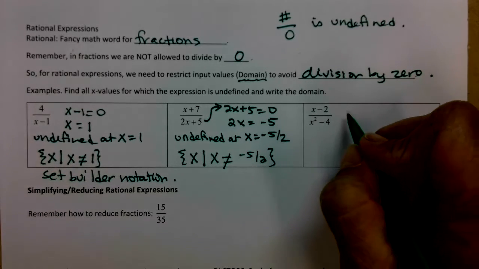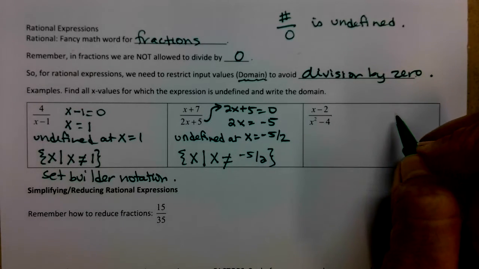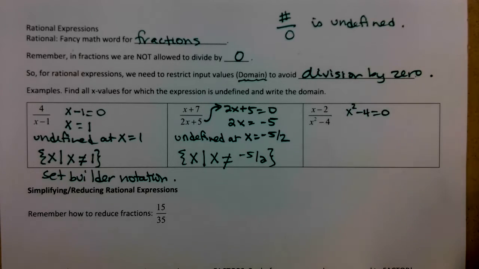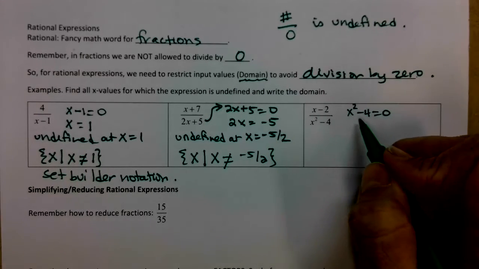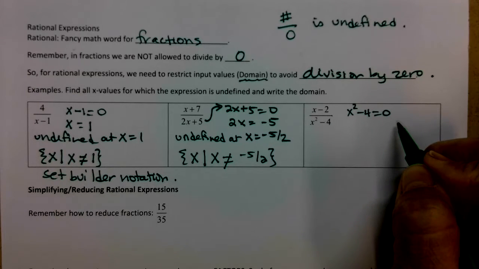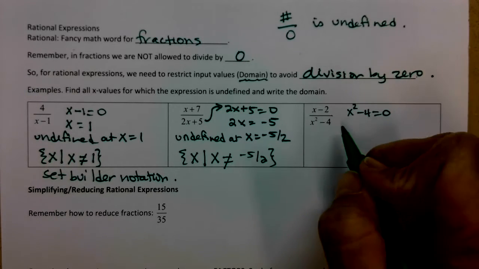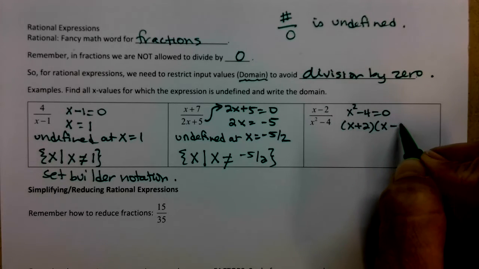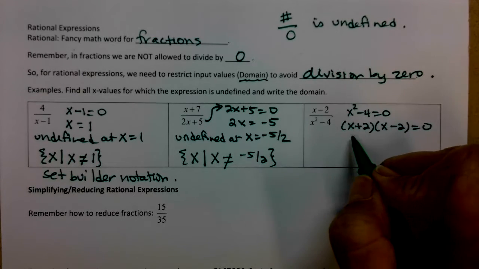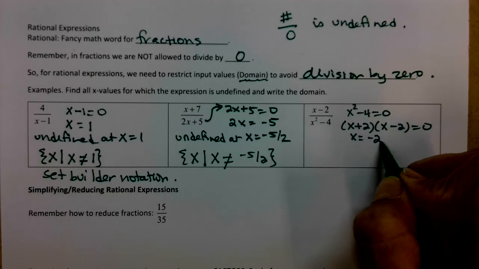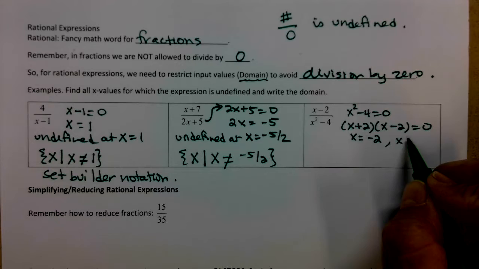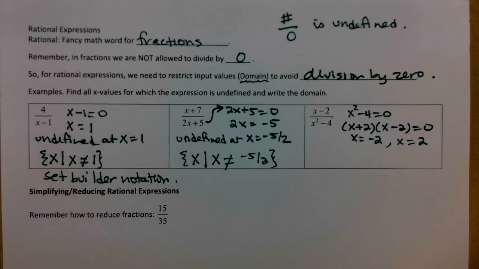Okay, last one. Again, the expression is undefined if the denominator equals 0. So I have a quadratic equation this time that I'm solving. We solve that by factoring. So go ahead and factor that difference of squares: x plus 2 times x minus 2. So x equals negative 2 is one of the values it can't be, and x equals positive 2.